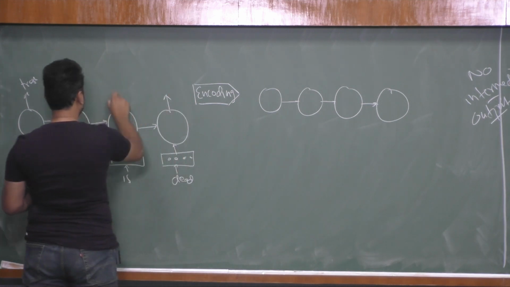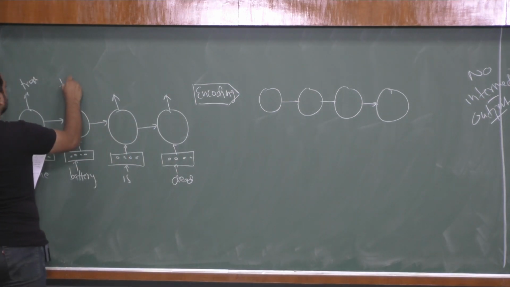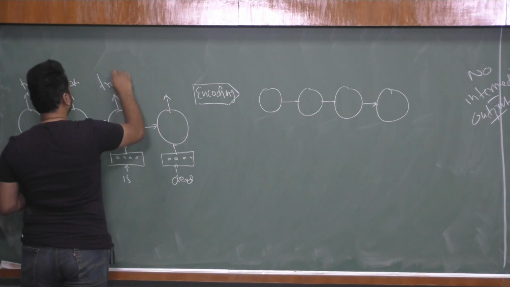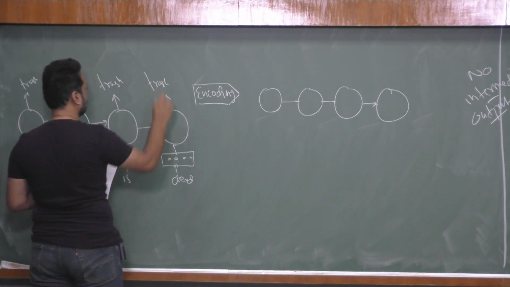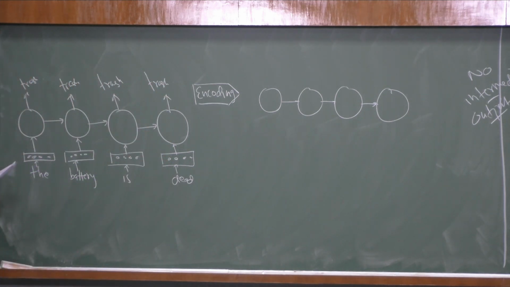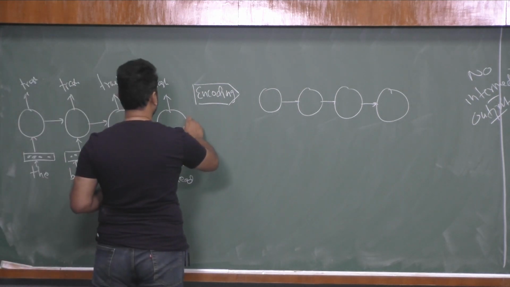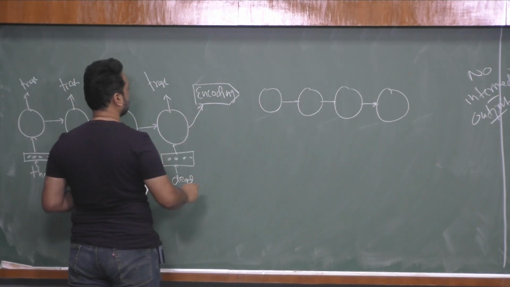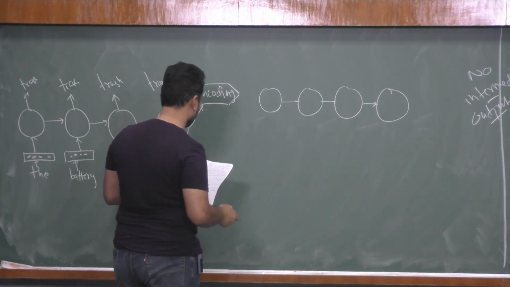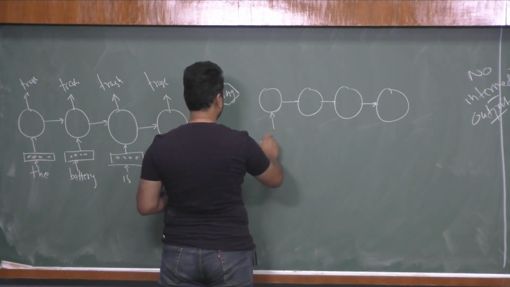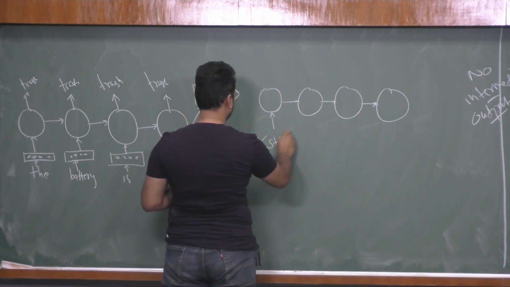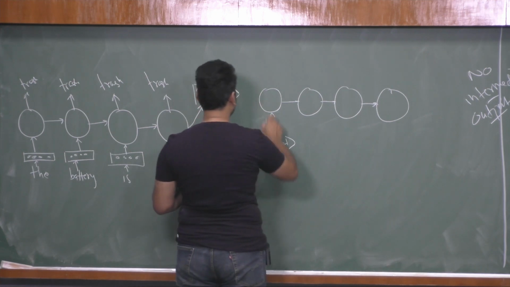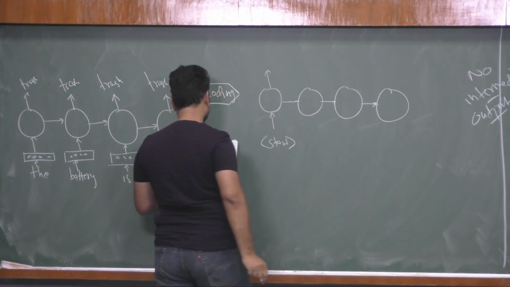All these intermediate outputs are discarded. From there we get an encoding, and this encoding is later used here. This is, let us say, our start token, and then this starts producing some output.